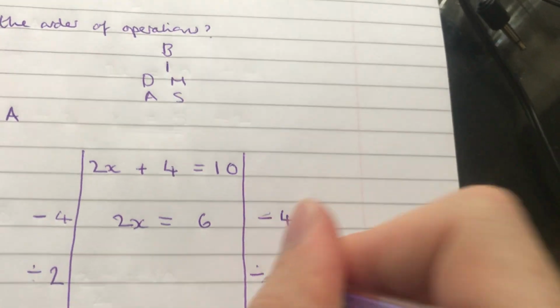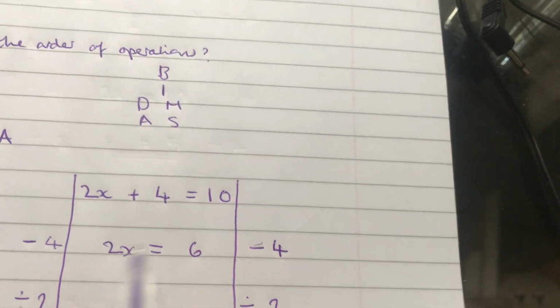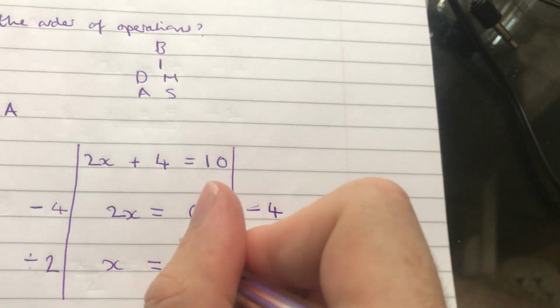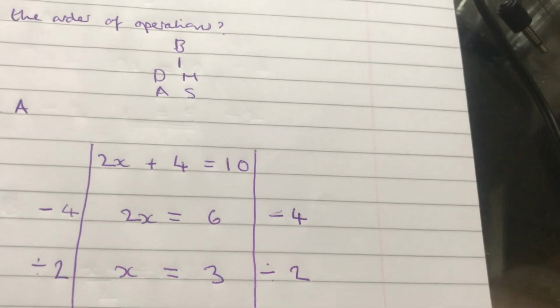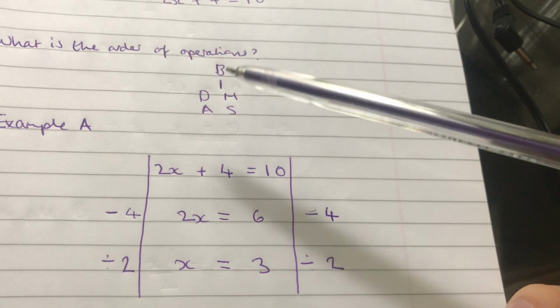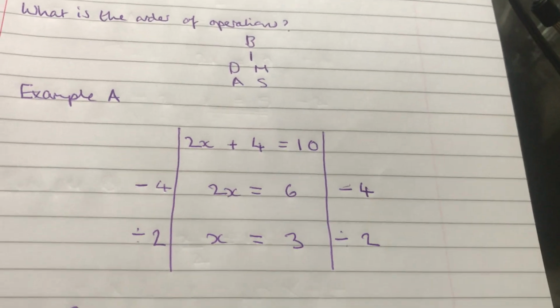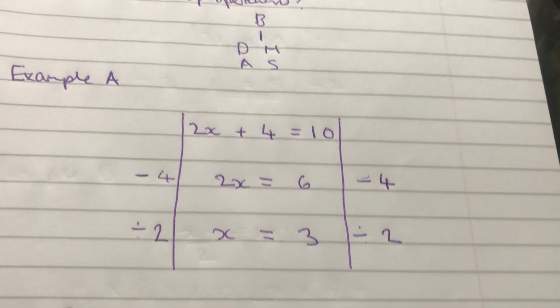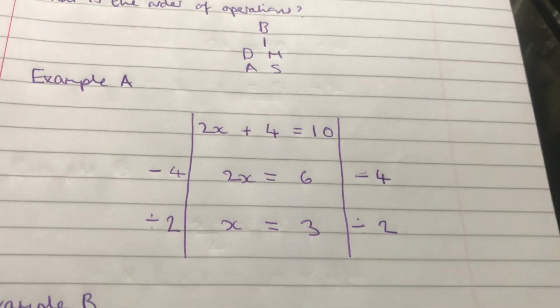Remember, we do that on both sides. So 2x divided by 2 is just x, and 6 divided by 2 is 3. And that is our answer. The main thing is, we know BIDMAS, so we want to use the inverse operations, the inverse order of operations, to work out the value of x.